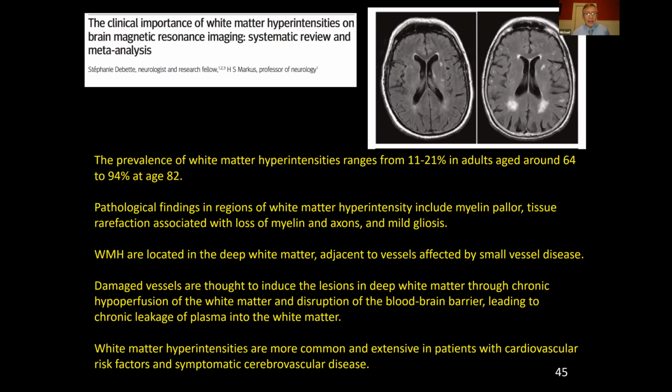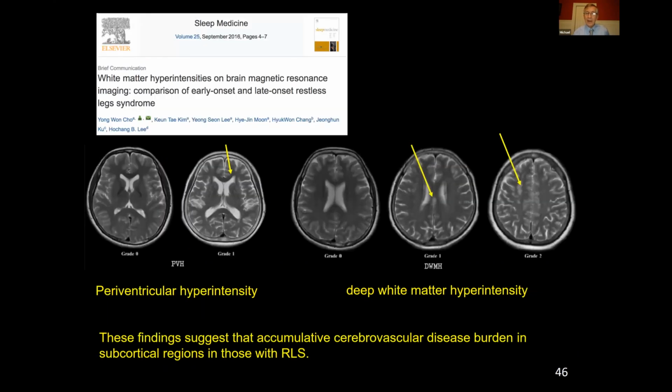We do see that people who have Restless Leg Syndrome tend to have a little bit more white matter hyperintensity, and that's all this slide is showing. But again, this is using the T2 technique, which is why I wanted to put it in there. The arrows are pointing at the white matter hyperintensities. They're not diffuse or severe, but they do exist.